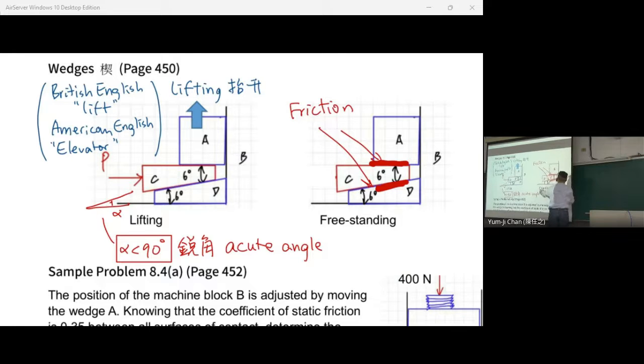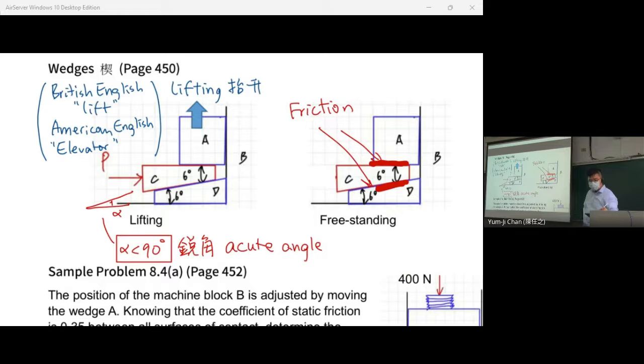It is called freestanding, because there is friction between C and D and between A and C. If you want to make A go down, you need a force P to pull block A coming down.